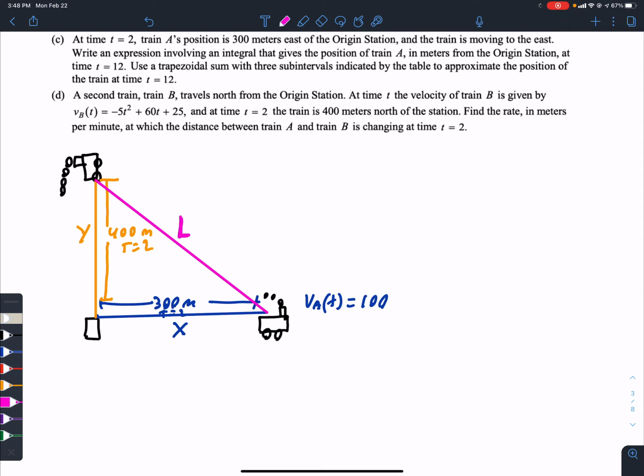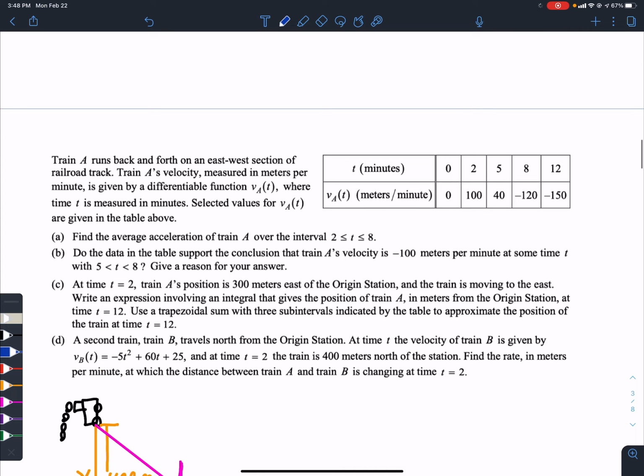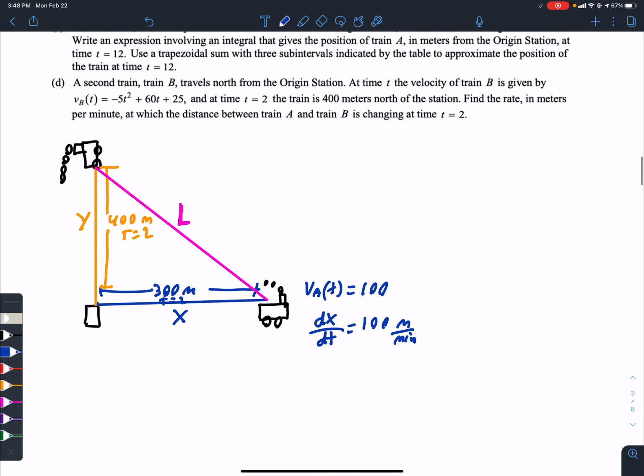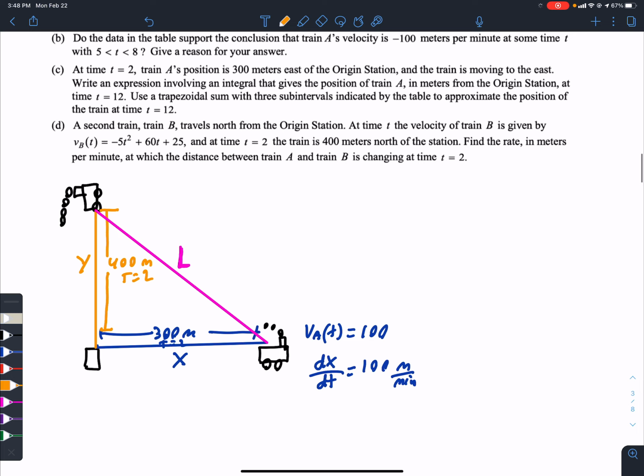So what does it say? This V of A statement tells me that x is changing with respect to time at 100 meters per minute. Let me double check, per minute. And the train here, what's dy/dt? So right here we have the velocity. When we plug in 2, that's going to tell us how fast y is changing with time. That's going to be negative 5 times 4 plus 60 times 2 plus 25.